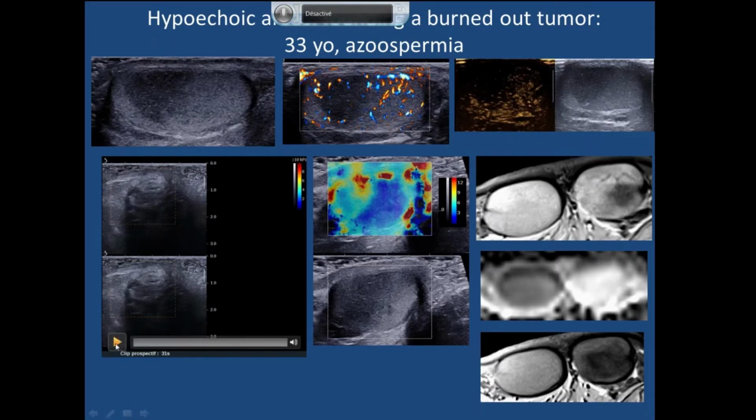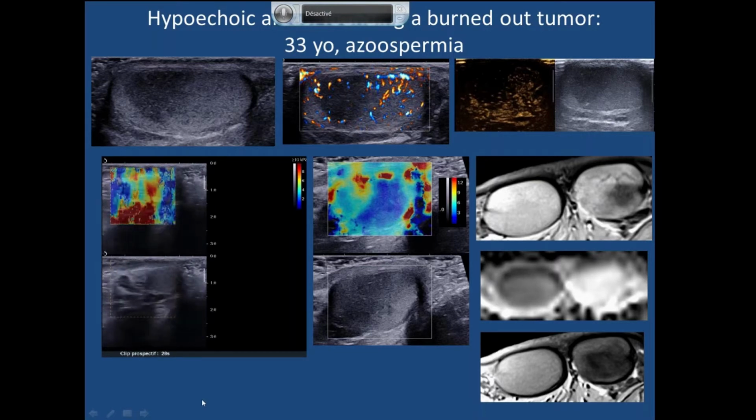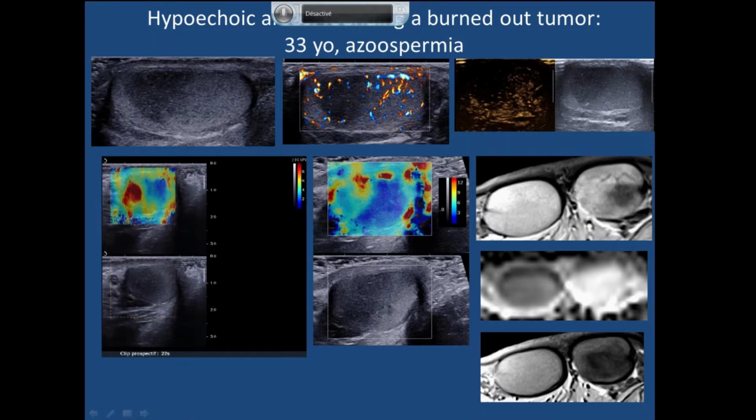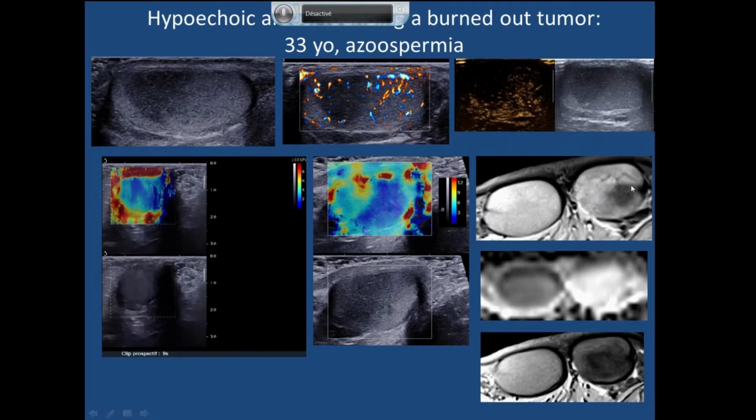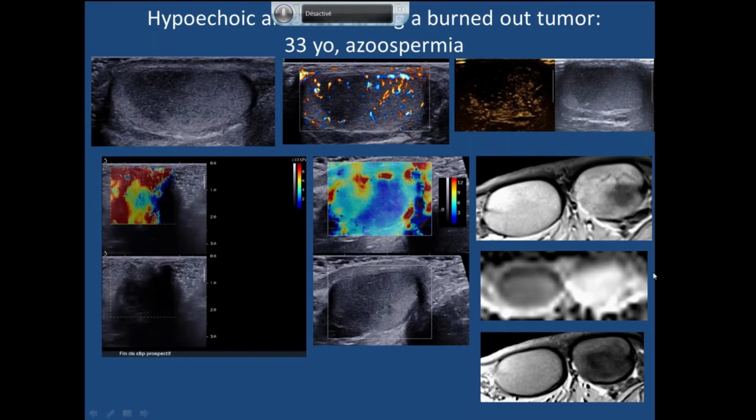And this is the video of the strain elastography, and you can see that there is really a nodular lesion with high stiffness inside this hypoechoic area, which matches very well with the MRI. This lesion is in hyposignal on T2. There is also an abnormality on the ADC map with an increased ADC value and a defect of vascularization, and the limits overlap the nodule on T2.